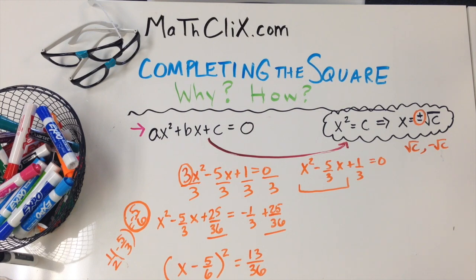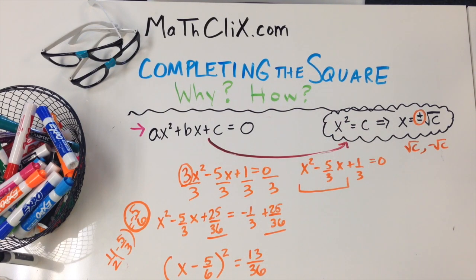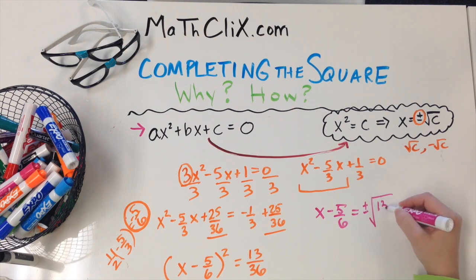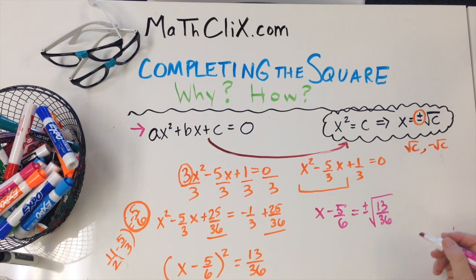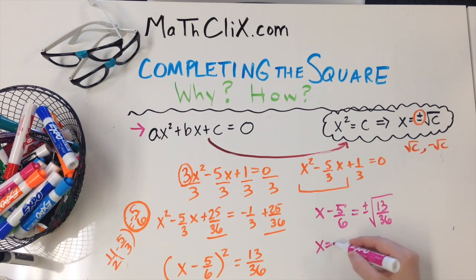So this one is all fun because it's got lots of fractions in it. But we now have this form, something squared equals a number. So we can take that something and set it equal to plus or minus the square root of 13 over 36. And then you add your 5/6 over.